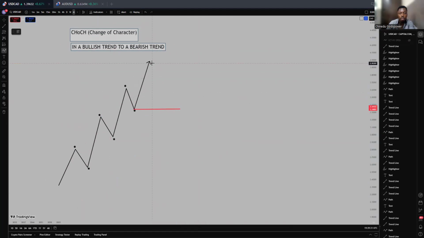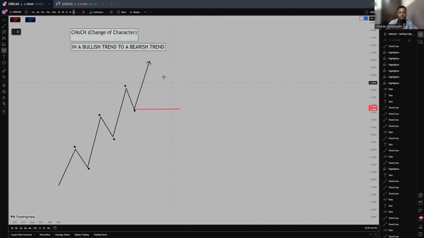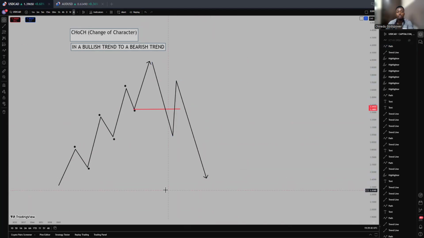Price will come here, take out this low, and then rally back to a premium level and push downwards, creating a series of lower highs and lower lows. In simple terms, it's just one price swing like this, and like this.